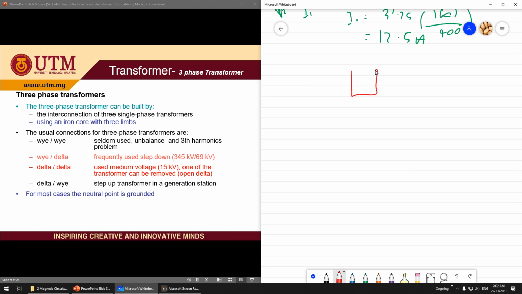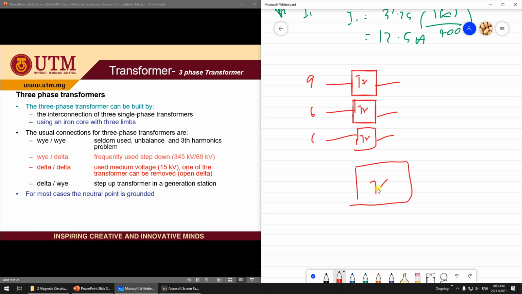The first one, you take three single phase transformers and connect them together, A, B, C. This is one way to do it. Another way is you just use a large three-phase transformer.